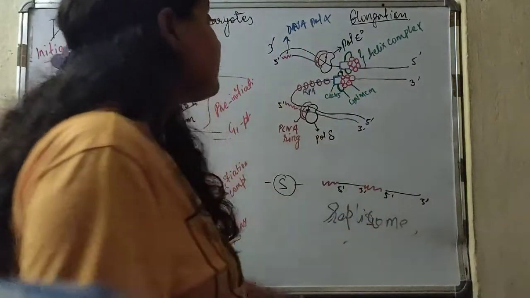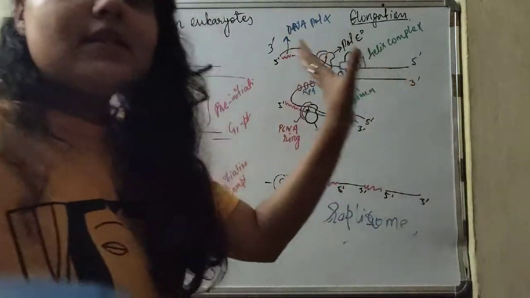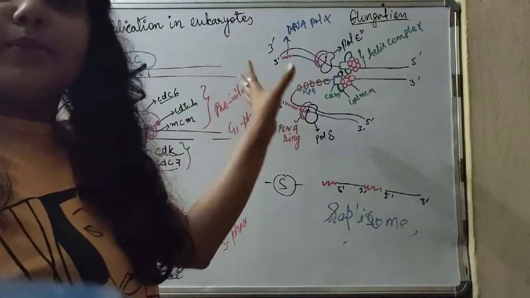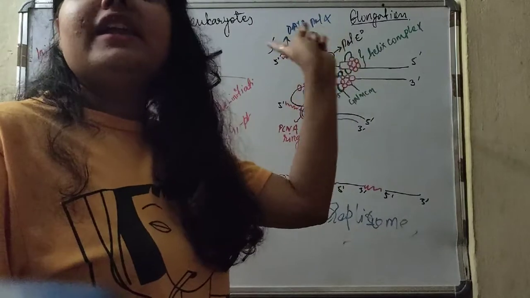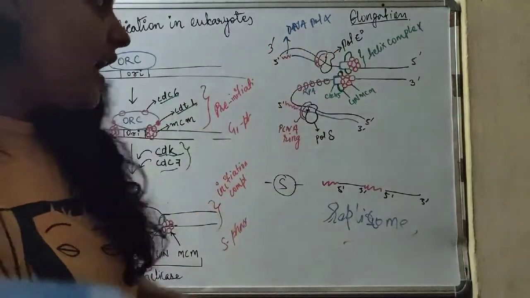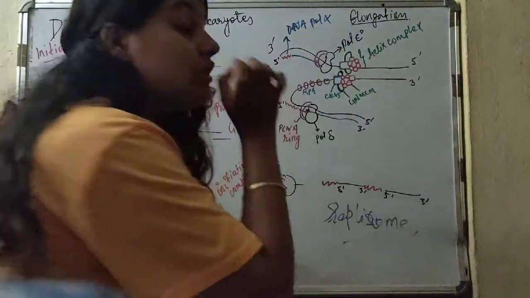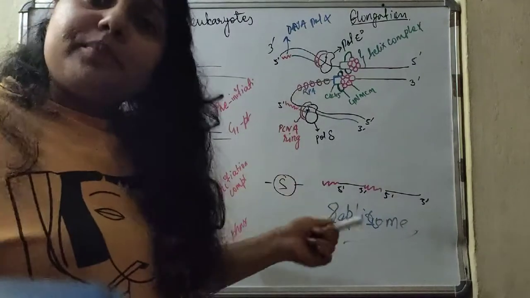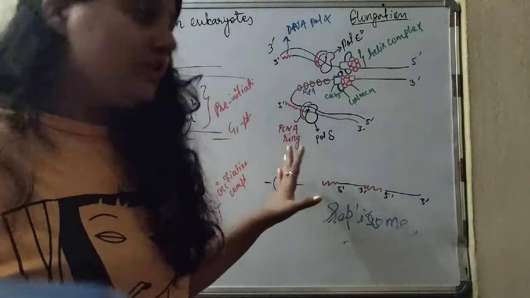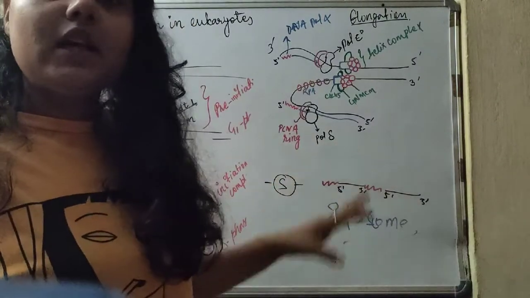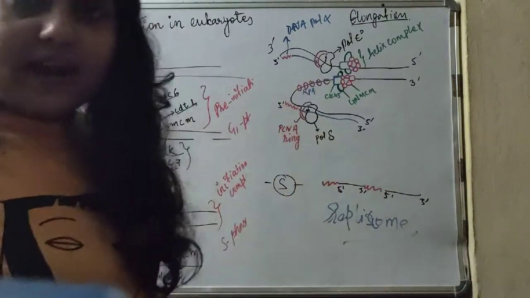Another difference is that the synthesis of the leading strand in eukaryotes takes place by DNA polymerase epsilon, and the synthesis of the lagging strand in eukaryotic DNA replication is done by DNA polymerase delta.